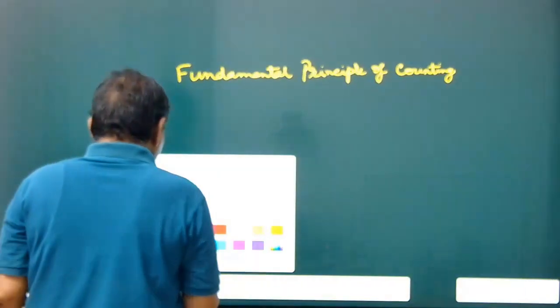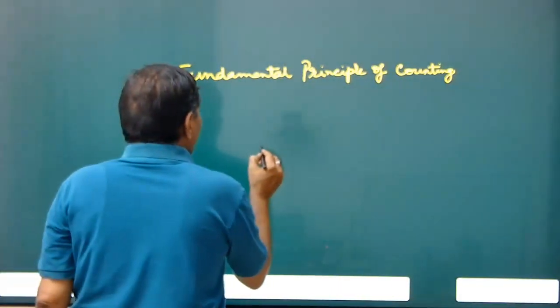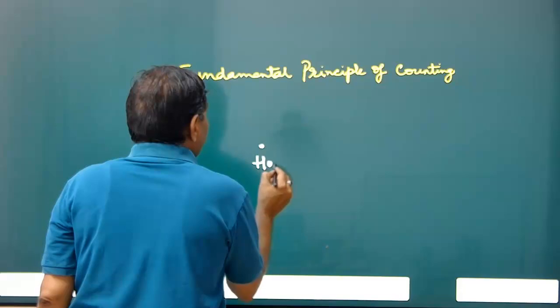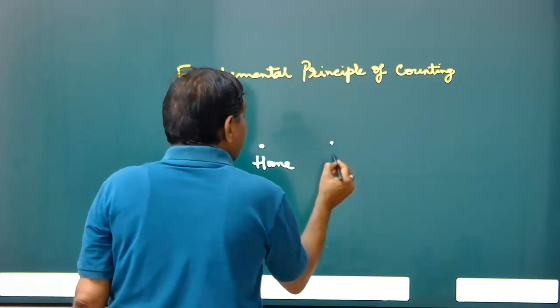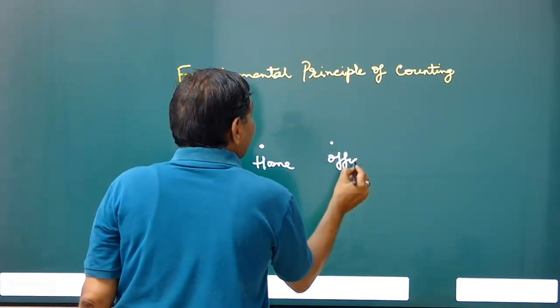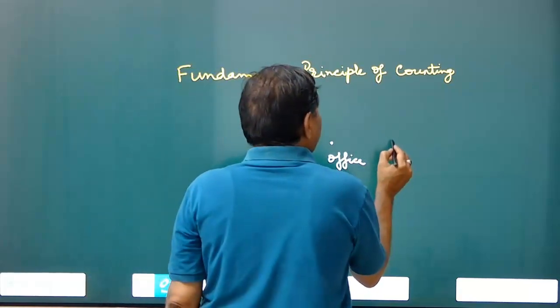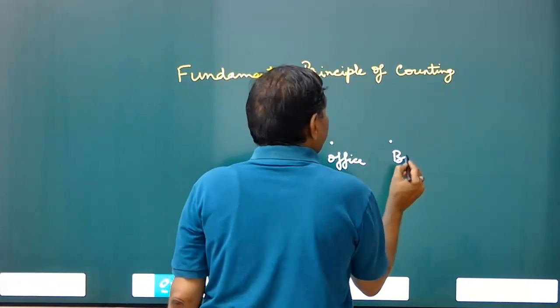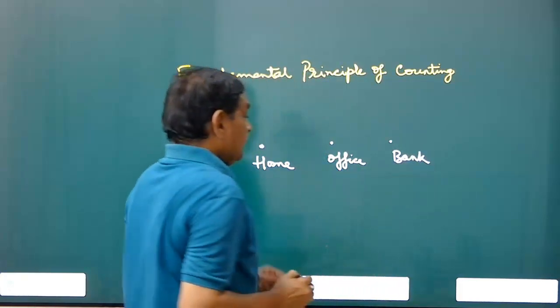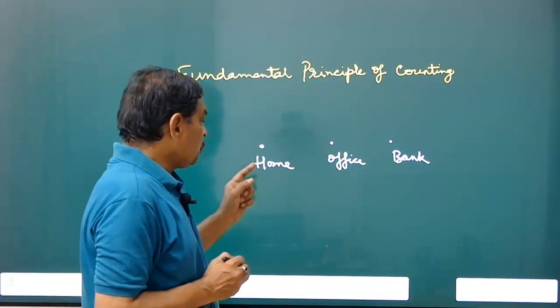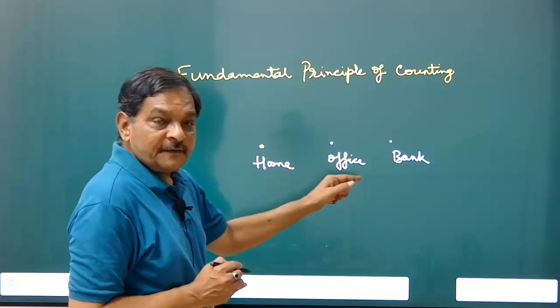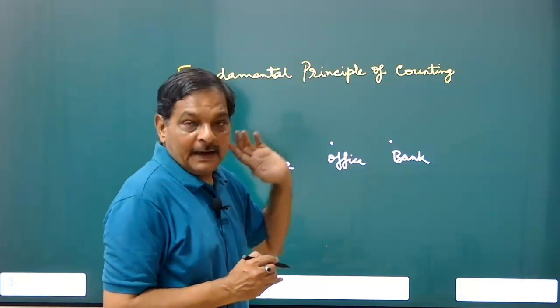Suppose here I have my home, here is my office, and here is my bank. I am supposed to go from home to office and from office to bank.